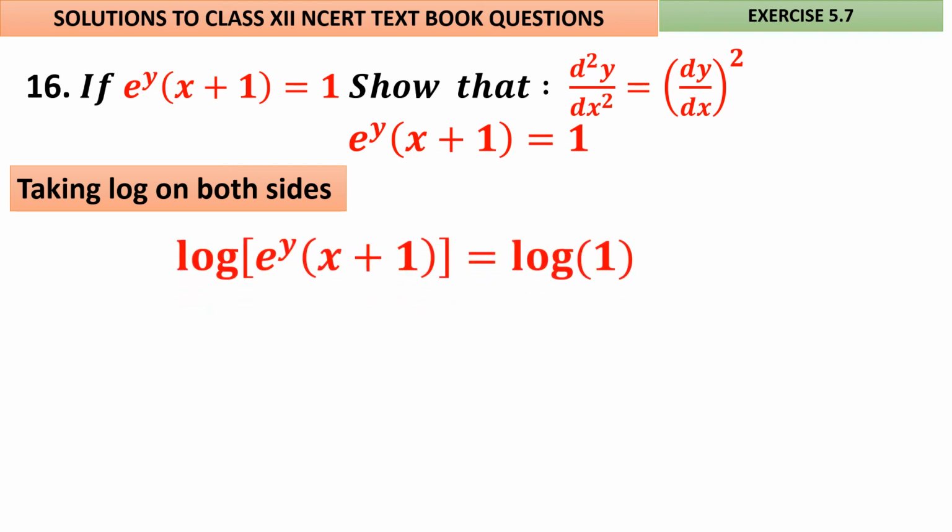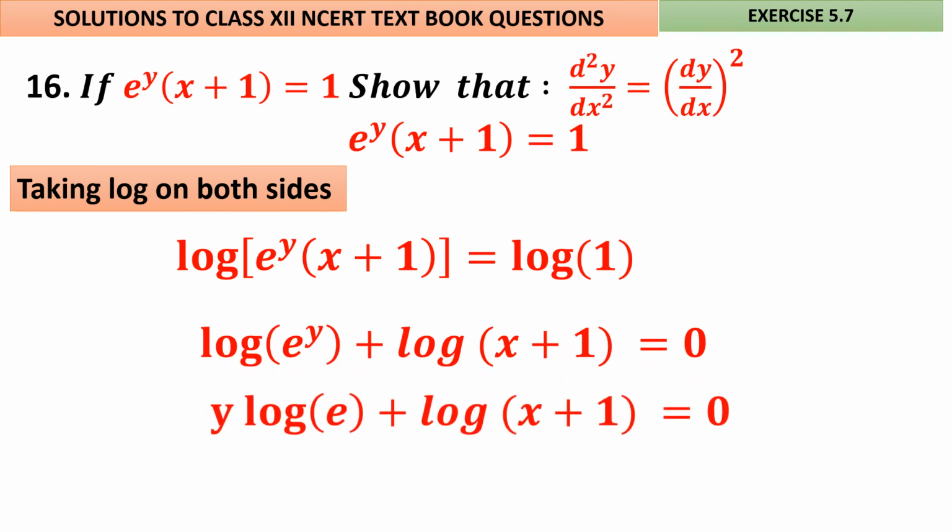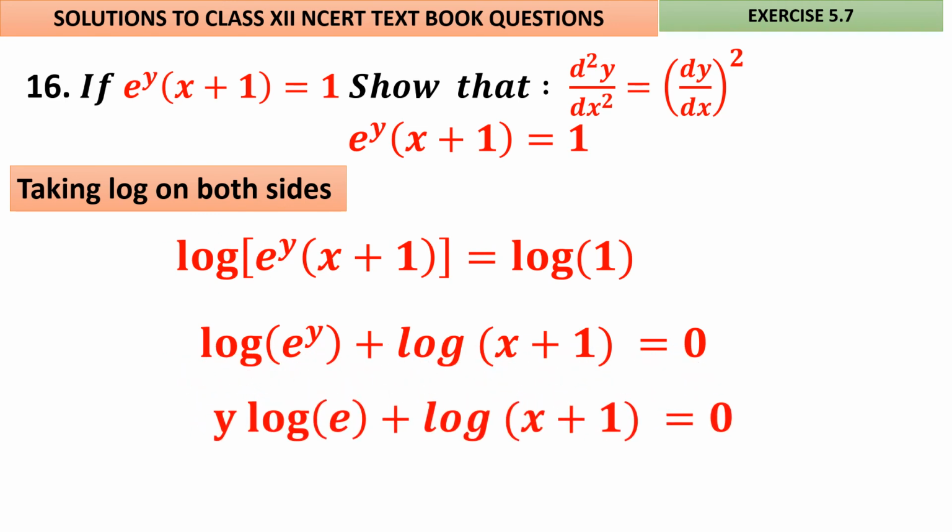So log of e power y plus log of x plus 1 is equal to log 1, which is 0. y into log e plus log of x plus 1 is 0. Once again log e is 1, therefore y plus log of x plus 1 is equal to 0. You see the problem has been reduced into the sum of two terms instead of a product.